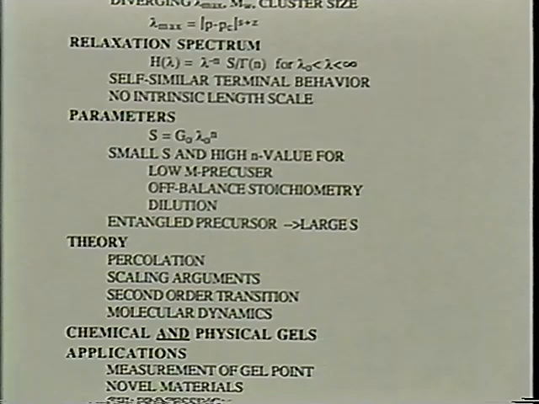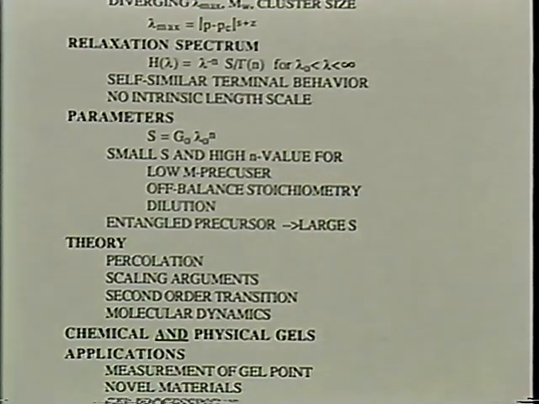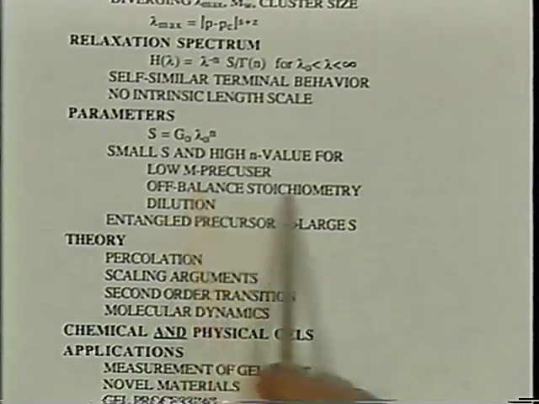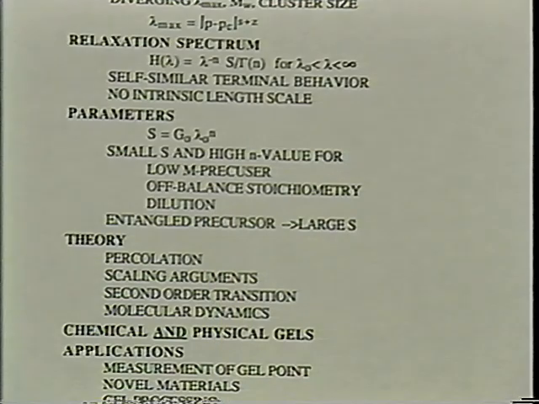N has been found to range over wide values, but there's no way of predicting the value of N. Percolation theory seems to give a value close to 0.7, and such high value of N, close to 1, has been found for gels from low molecular weight, and for off-balance stoichiometry, and also when adding diluent to the system, basically when making soft gels.